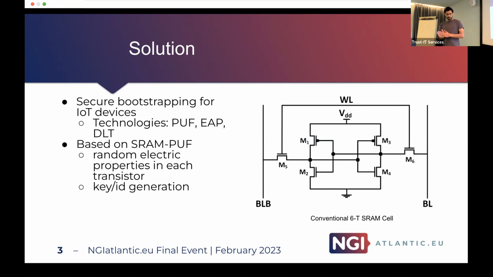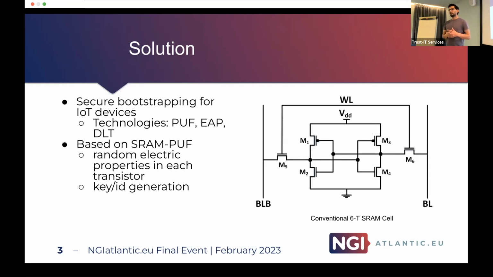And in SRAM, here you see a conventional 6T SRAM cell, which has 6 transistors. Because of how these transistors are produced and fabricated, there are some unique changes at the submicron level. Because of these changes, when this SRAM is powered on, each cell of an SRAM has a random but unique 0 or 1 bit.